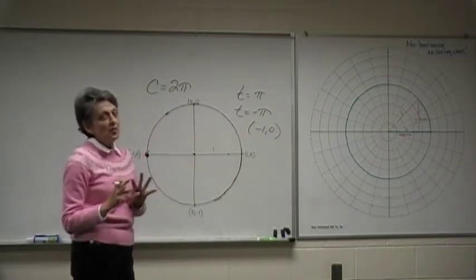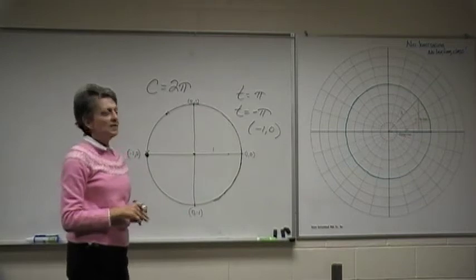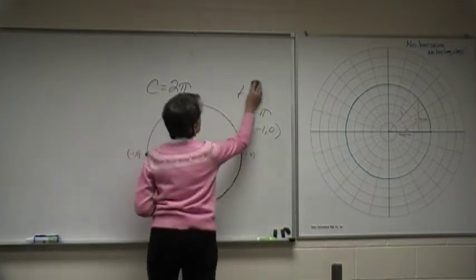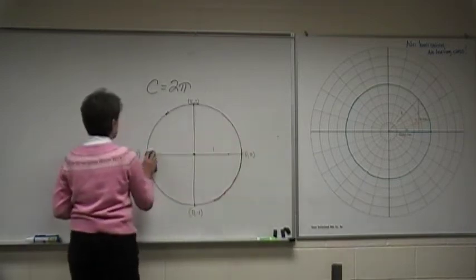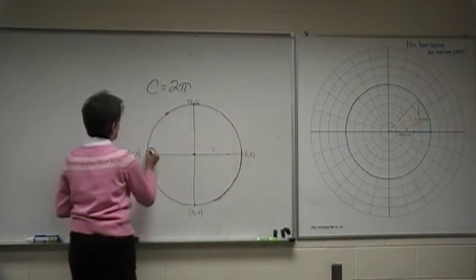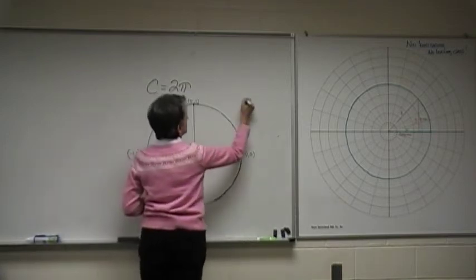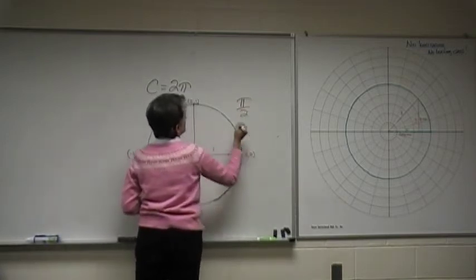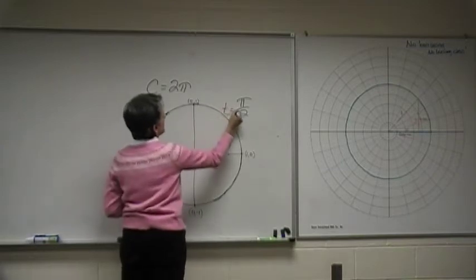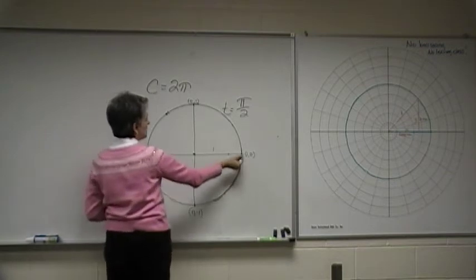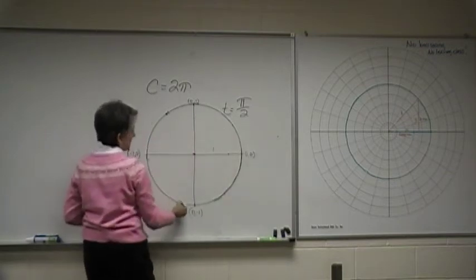Now the problem is they don't always turn out to be the same. Let's take a look at another one. Let's look this time at pi over 2. If I'm traveling to pi over 2, well, my whole circle is 2 pi.